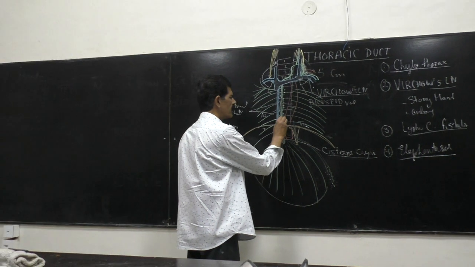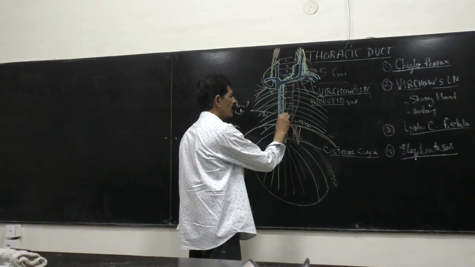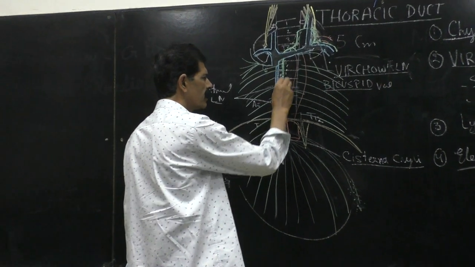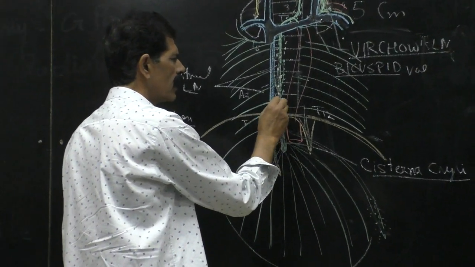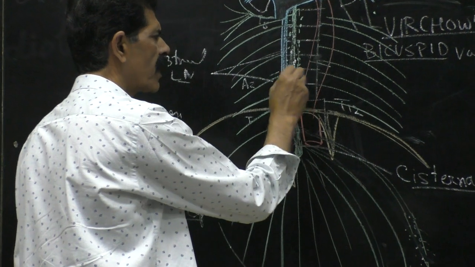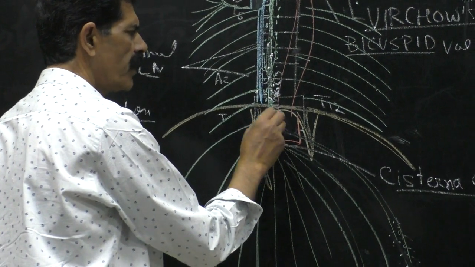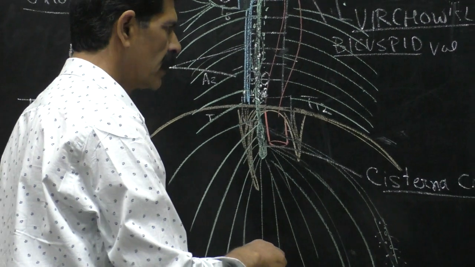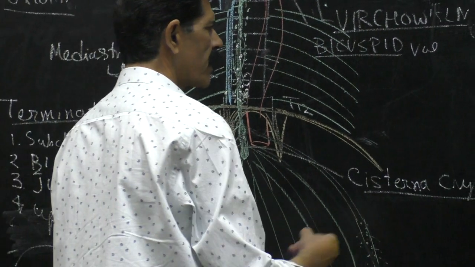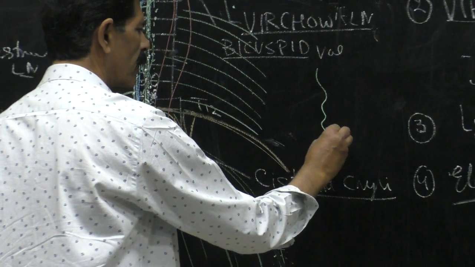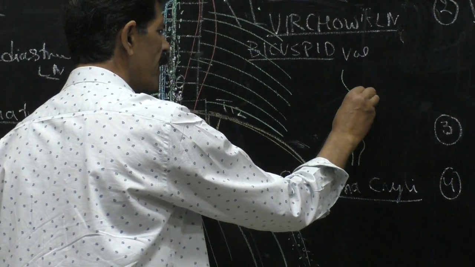They block the lymph nodes, they may block the thoracic duct lumen, and the lymph nodes become very much enlarged. And because of the blockade of the thoracic duct, this thoracic duct appears irregular in outline and may be dilated at places.